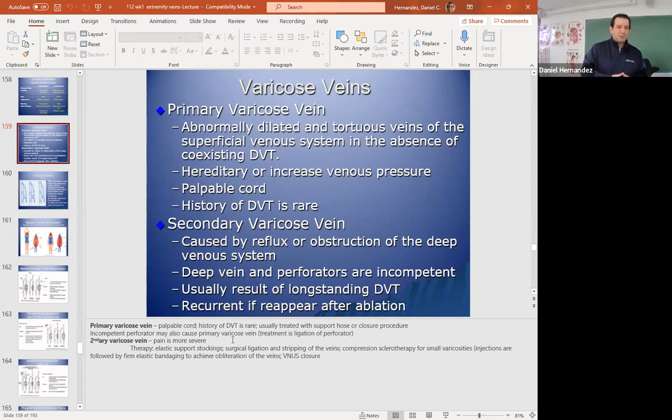So you have increased venous pressure within the deep system, and that pressure gets translated to the perforators. You wind up with incompetent perforators and then blood refluxing back into the superficial veins. Again, with primary varicose veins, history of DVT is usually rare. Sometimes you can feel the presence of a palpable cord.